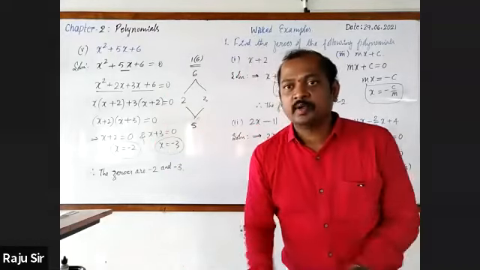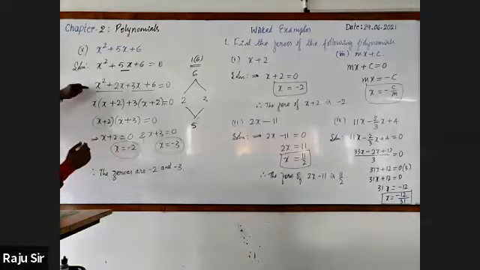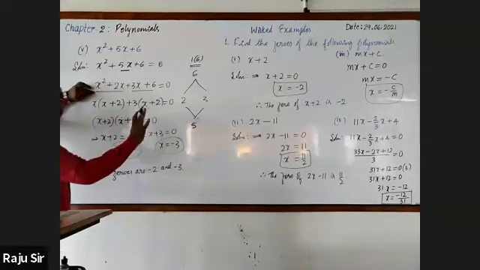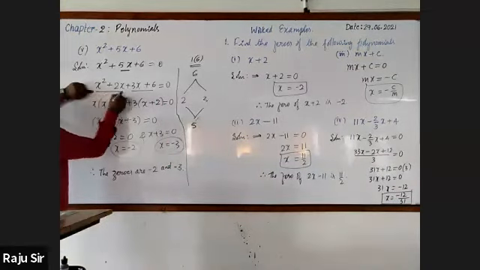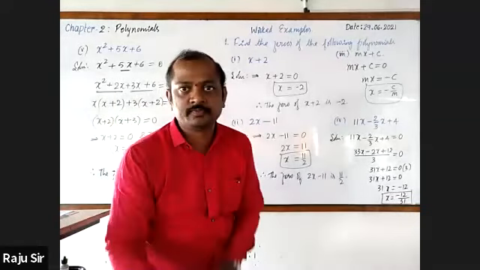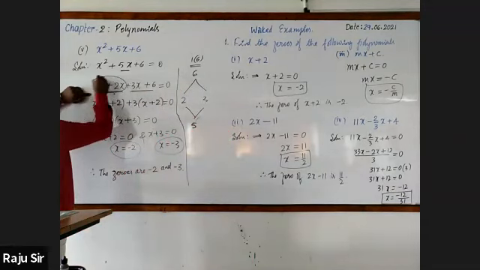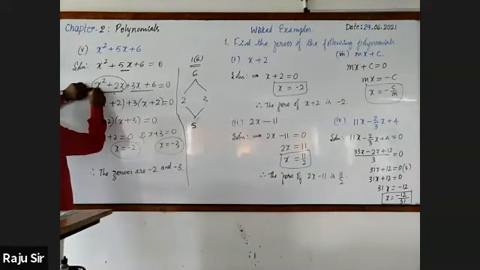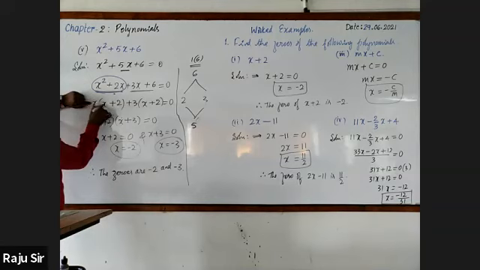Now observe here. I'll go for explaining. Up to the second step, no problem. Third step: we have made groups by taking two terms. In the first group, x is common, hence I have taken x, remaining x into x square and x into 2x.